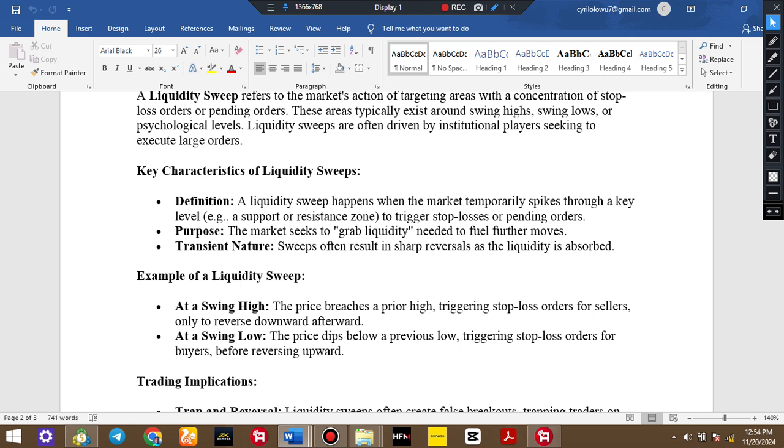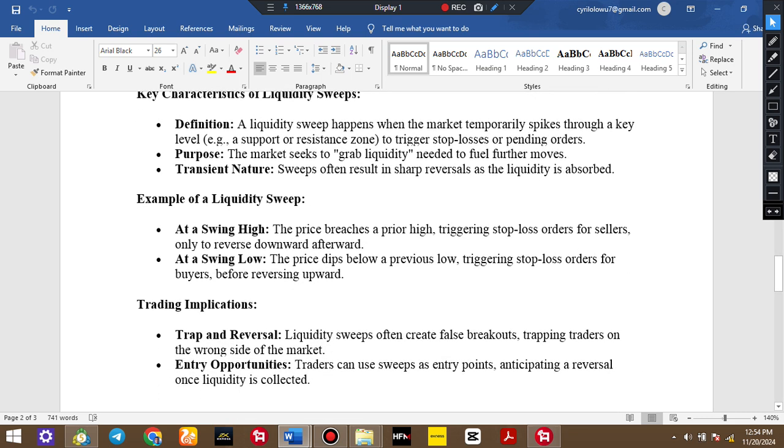Yes, when we get to part B, all these things will be more clear, but you just need to understand so that it doesn't look like we jump into the chart without a prepared mindset. Examples of liquidity sweep. At a swing high, the price breaches a prior high, triggering stop loss orders for sellers, only to reverse downward afterward.